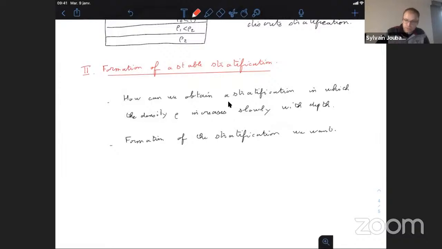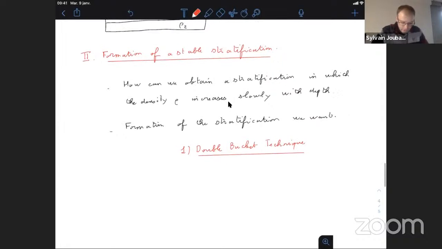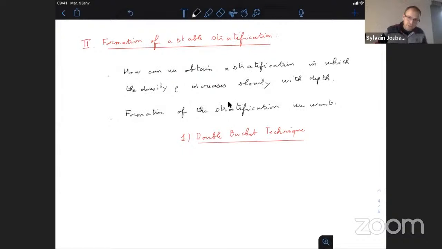The first one is what we use in our lab, which is the double bucket method, or technique. This technique works with temperature or salinity. In the lab, we always use salinity. And I will show you afterwards another experiment in which you have a stratification, but with temperature.